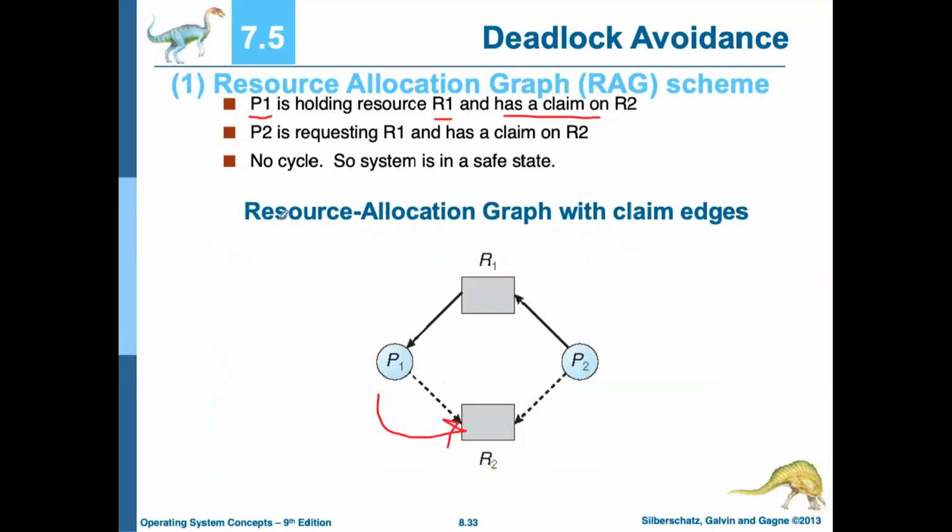Also P2 is requesting R1, and P2 has a claim on R2. So here there is no cycle, so the system is in a safe state.